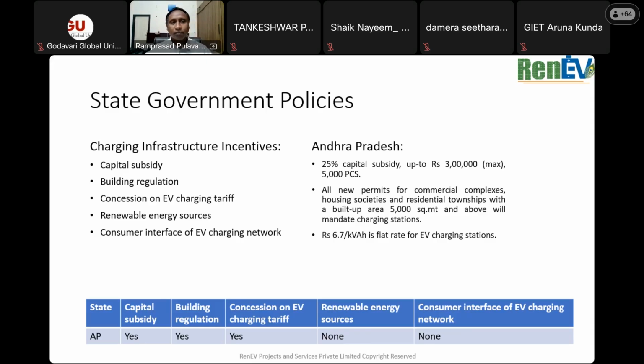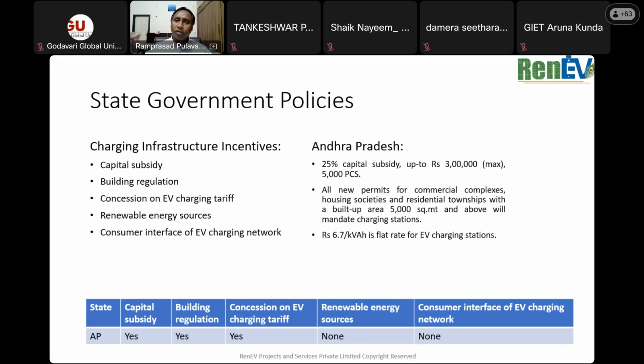Let us see. Capital subsidy. Capital subsidy means the state government is providing incentives for installation of charging stations. In Andhra Pradesh, they are giving 25% capital subsidy up to 3 lakhs maximum for 5,000 public charging stations. So if I install a charging station in Andhra Pradesh, I can get a subsidy of up to 3 lakh rupees maximum, limited to 25% of the capital cost spent on charging equipment only.